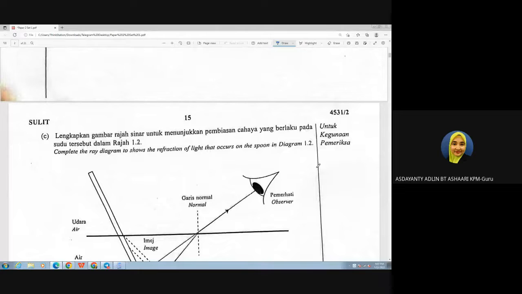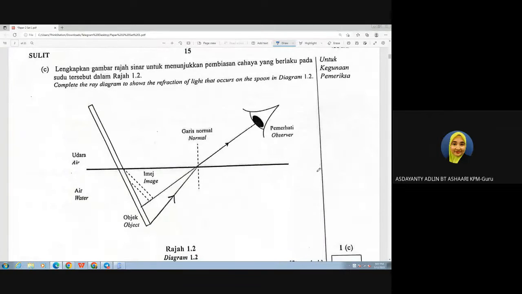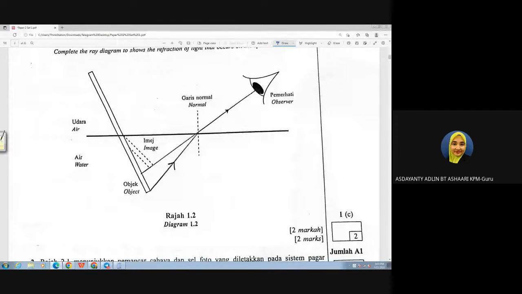Okay, next we have to complete the ray diagram to show the refraction of light that occurs on the spoon. So we have to draw. Saya dah terlukis dekat sini. So this is a diagram. Actually what we saw is the image. So you draw a straight line from the image direct to the observer's eyes.